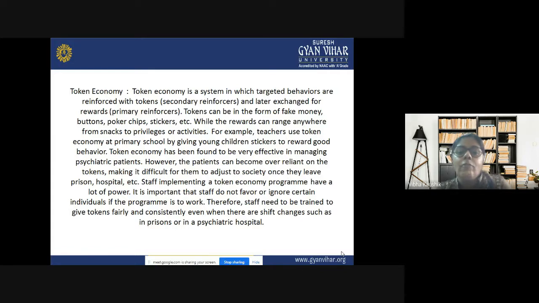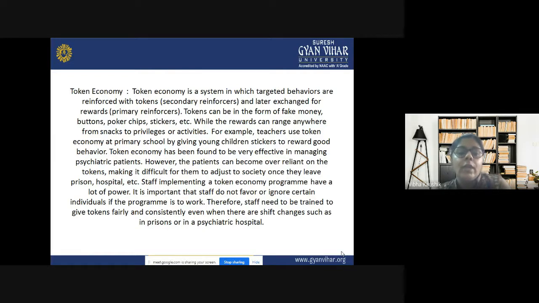Tokens can be in the form of fake money, buttons, poker chips, stickers, etc., while the reward can range anywhere from snacks to privileges or activities. For example, teachers use token economy at primary school by giving young children stickers to reward good behavior.